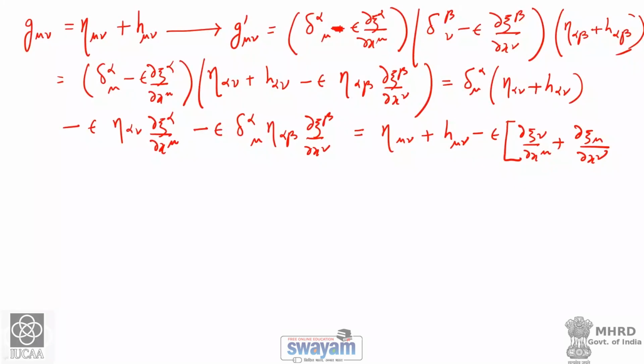So, in other words, what we have demonstrated is η_μν plus h_μν minus ε times (ξ_μ,ν plus ξ_ν,μ), where I have written first this term here and then this term here.